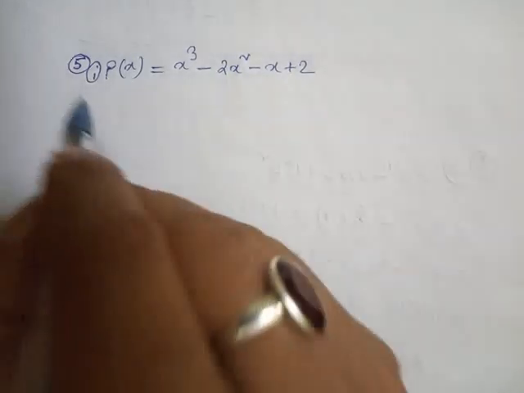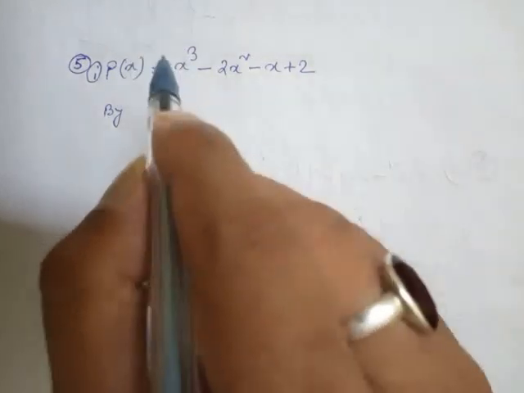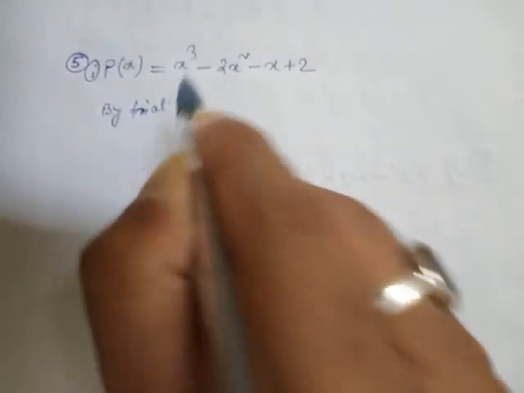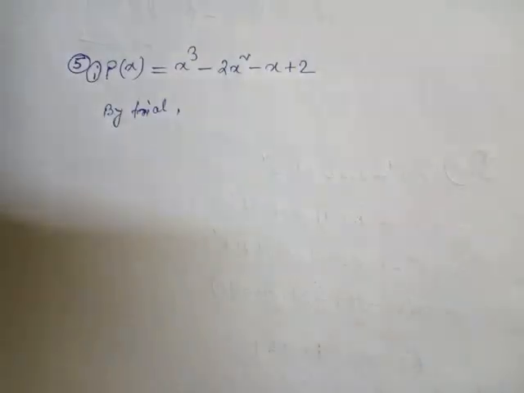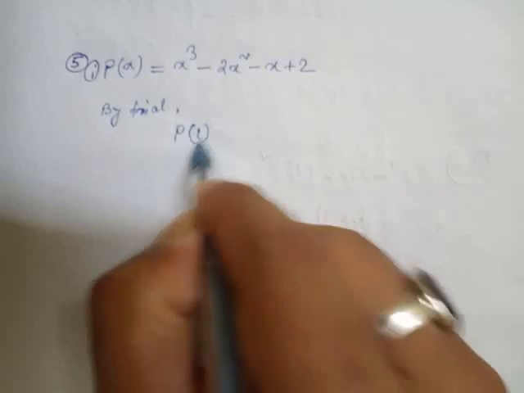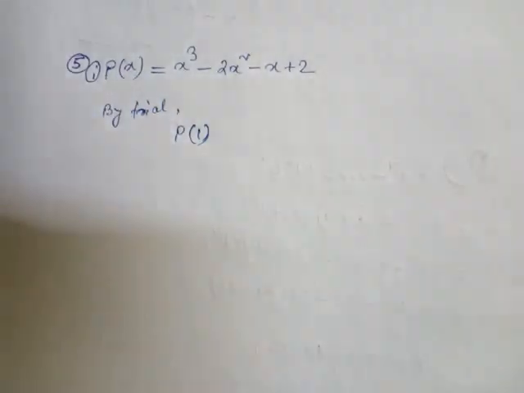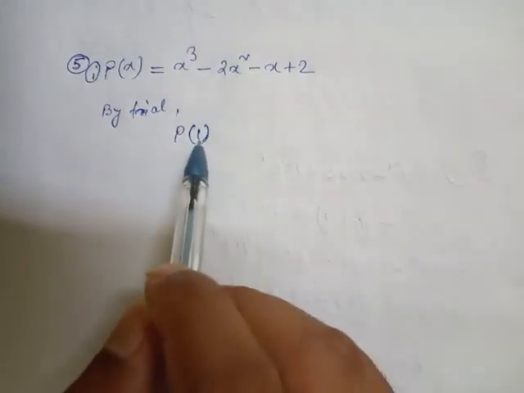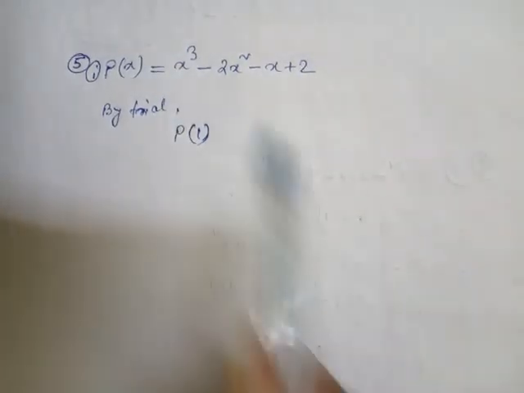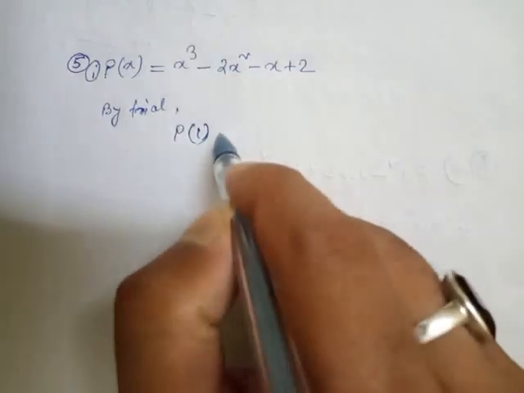Look, I'm writing here by trial, which means first I am writing 1, which means in place of x I have given 1. Now let me check whether, if I put the value of 1 here in place of x, I get 0 or not. So let me check now.